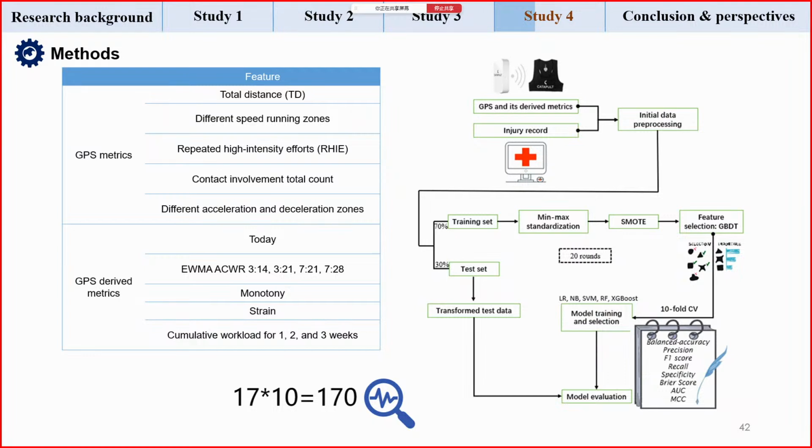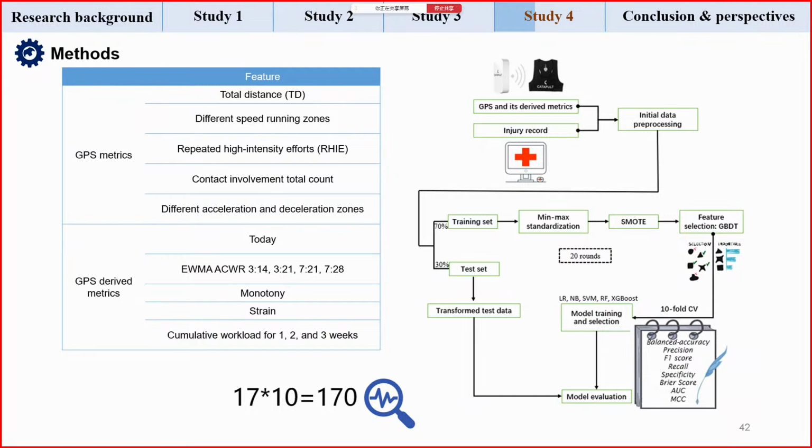Next, we used the gradient boosting decision tree for feature selection, retaining features with importance greater than 0.01. And after feature selection, we performed 10-fold cross validation to assess the model and prevent overfitting. Meanwhile, we transformed the test data to match the same scale as the training set and performed the evaluation on the model.